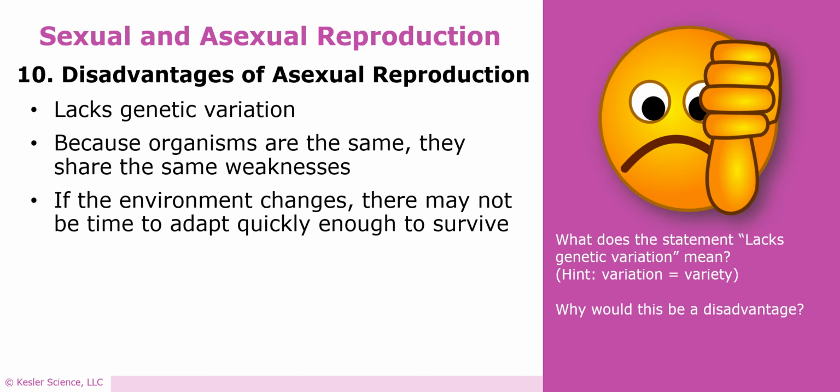To take this a little further, if the environment changes, there will not be a lot of time to adapt. Most of the organisms will die. They're all clones. They all have the same weakness. If something comes along and can kill one of the cells, it can kill all of the cells. So these are disadvantages of asexual reproduction through mitosis.